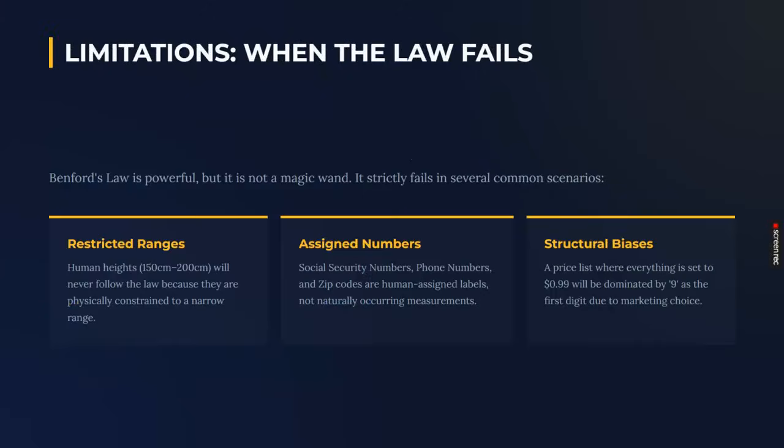But it's not always going to work, because earlier we spoke about this with election fraud in the previous video. If you have restricted ranges, let's say from 200 to 2000, you're only going to see the numbers 1 and 2 as the first digit, probably the most, and then the rest of the numbers would be quite similar.